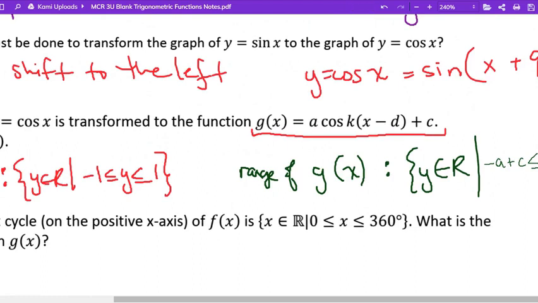So the -a tells us how low we go, but then we have to add the vertical translation. Notice there's no -c in this. You're always shifting the same amount up or down. It's just that the stretch will stretch you out in the negative direction and in the positive direction. So we first change the amplitude and then we move the central axis.